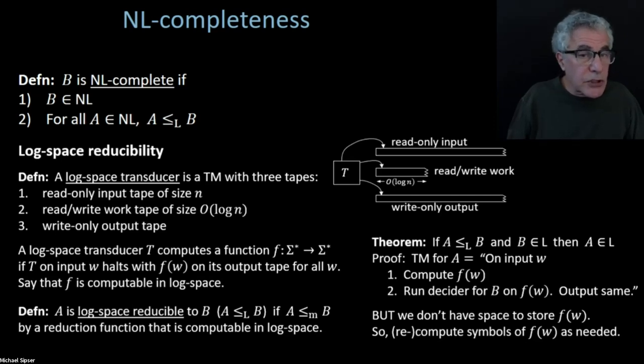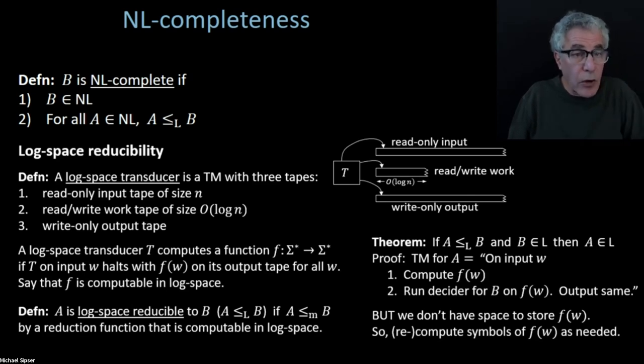Somebody says, can we just ensure that the output tape is order n, so we don't need more tape than the input? Order n is still going to be too big. Where are you going to put that output, even if it's just order n? First of all, no, we can't, because there are going to be reductions which are bigger than that. But the other question is, can we just ensure that the output is order n? You can't put the output on the input tape.